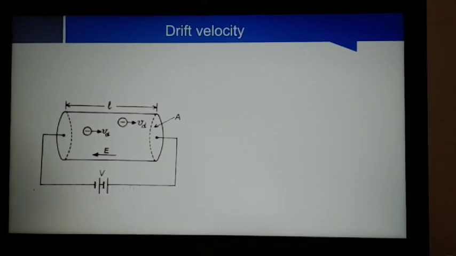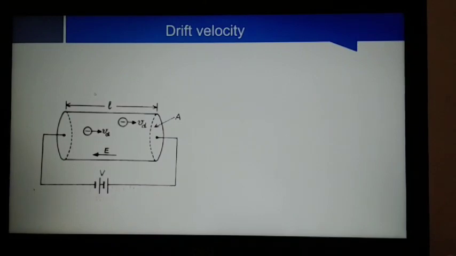You have already learned the relation between electric field and electric potential: the negative potential gradient is the electric field. It means whenever a potential acts over a length L, it can derive an electric field intensity. So here, from the positive end to the negative end, an electric field E is acting.